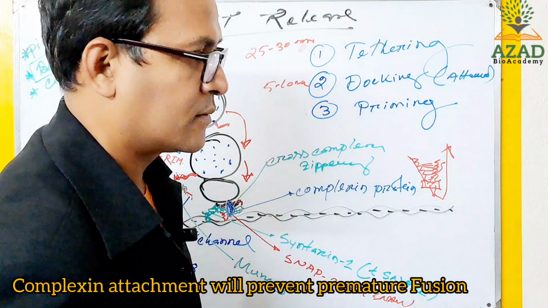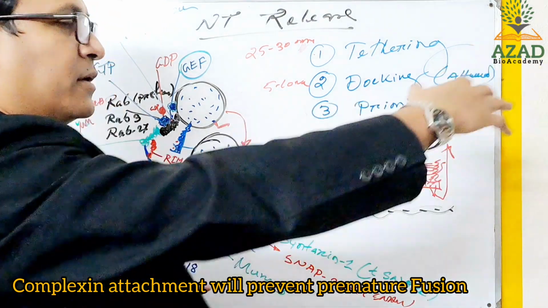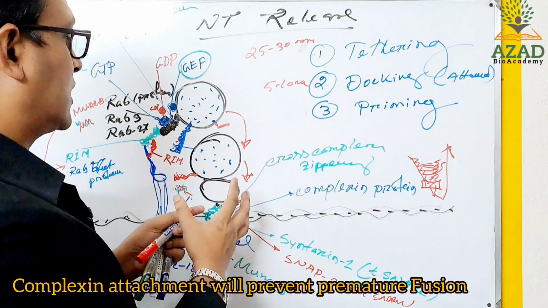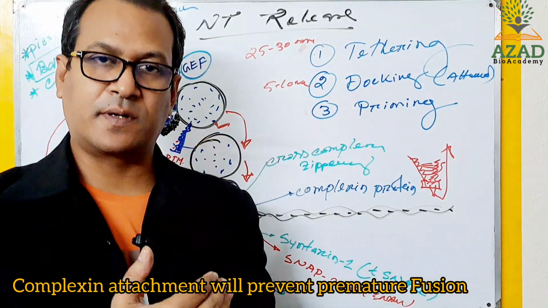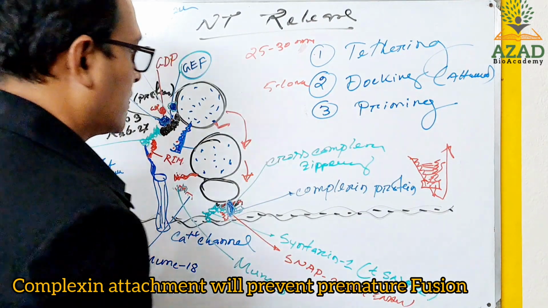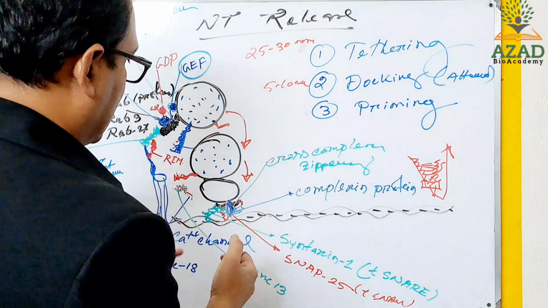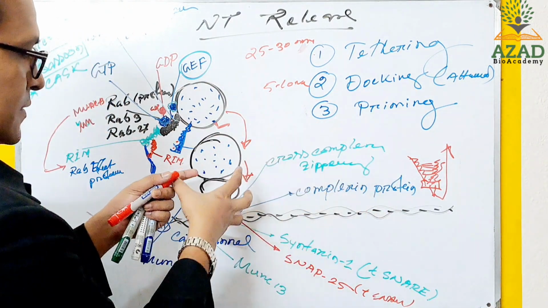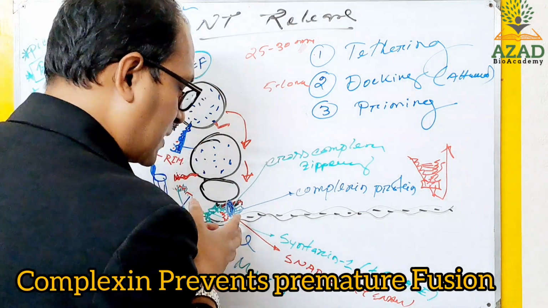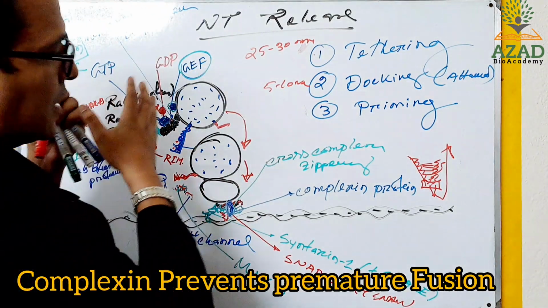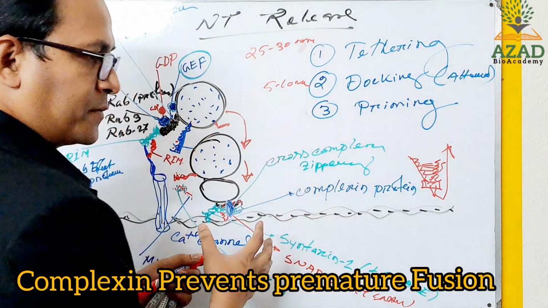Complexin protein will prevent the complete G-pairing. It will ensure the initial, partial G-pairing. So now complexin is attached here, and it will stabilize the G-pairing, prevent the final G-pairing, and ensure the partial G-pairing.